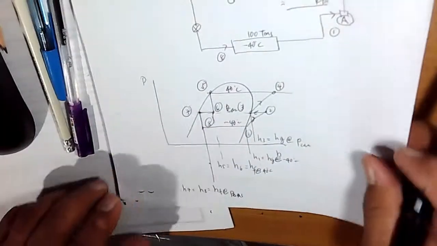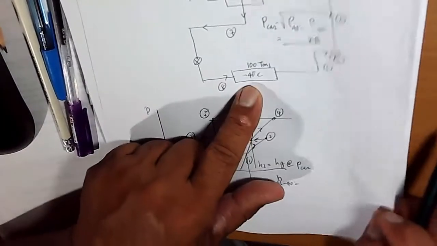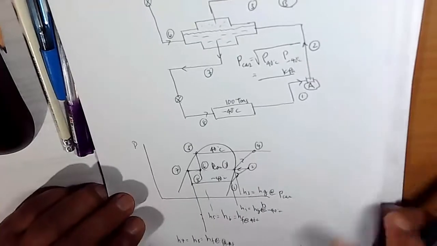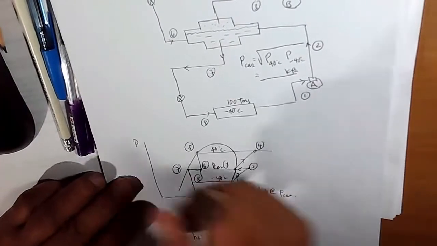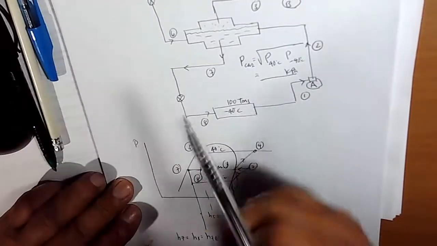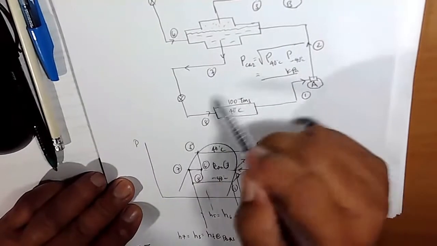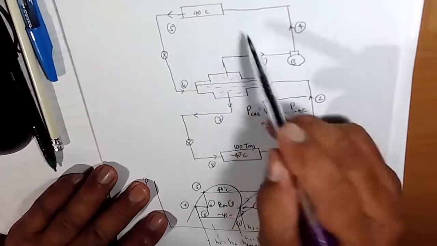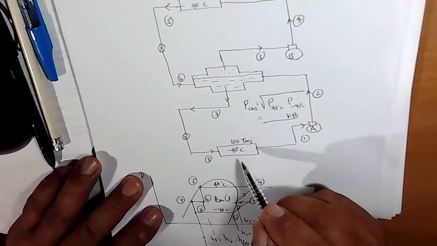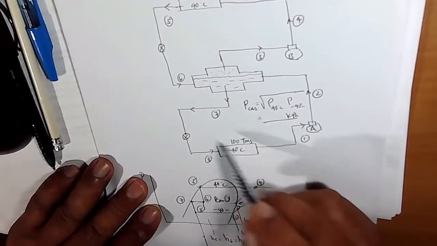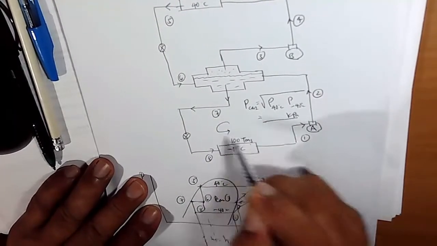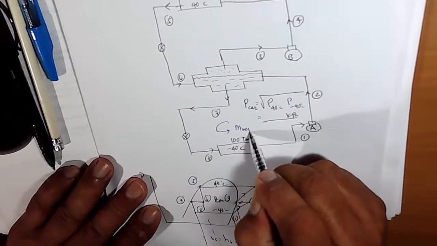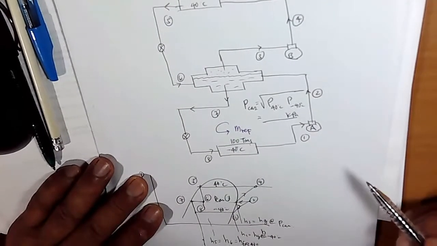And then we can easily compute for the mass of refrigerant flowing in your low pressure loop. This is your low pressure loop, this is your high pressure loop. The mass flowing here, we can call that m_ref.